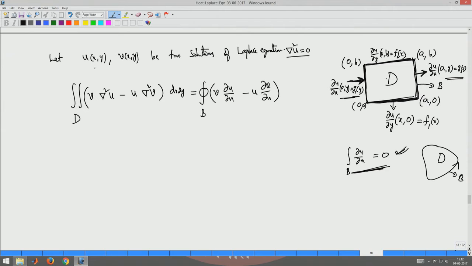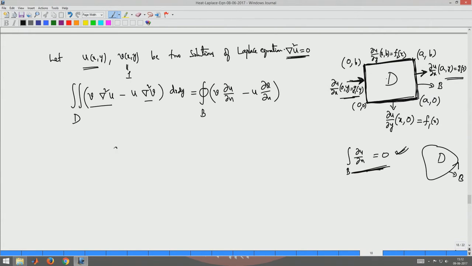So, let u be the solution as usual, and you can see that v, if I take it as constant 1, satisfies the Laplace equation, the derivatives are 0. So, if you put v equal to 1, since u satisfies this equation, del square u is 0, and v is 1, so del square v is 0.